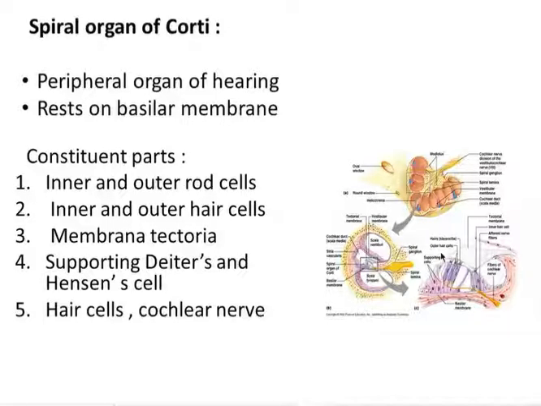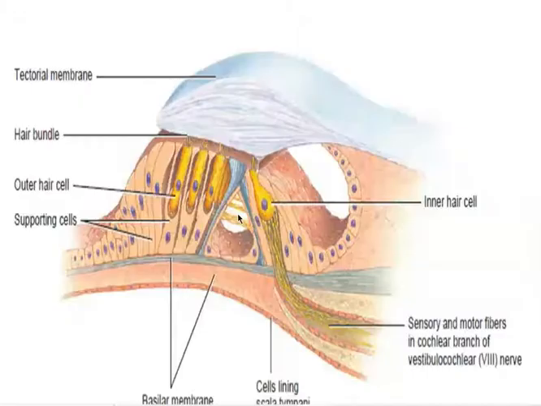It consists of the inner rod cells, outer rod cells, and inner and outer hair cells, and you'll find a covering known as the membrana tectoria. You'll also find the supporting cells, the Deiters cells or the Hensen cells, and you'll also find a cochlear nerve. So this is the spiral organ of Corti.